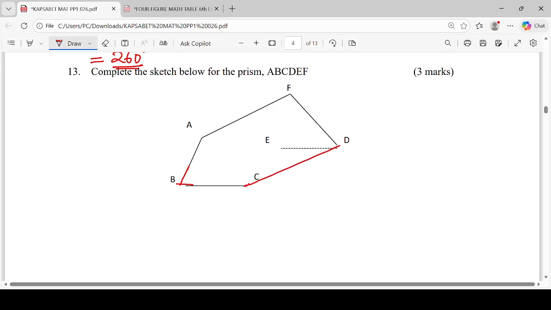Remember, hidden lines should be dotted. This is how this prism looks like. I've done the completing. So you can see the hidden lines I've given them in a dotted manner. So that part is done.